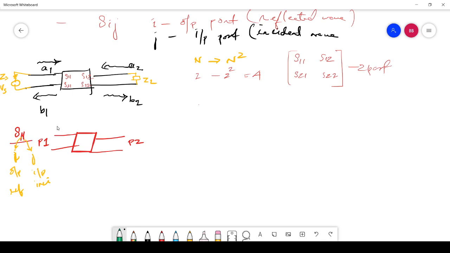So I'll have an incident wave at A1 and a reflected wave at B1. S11 I can write as B1 by A1, output by input. So S11 refers to the signal reflected at port 1 from the signal incident at port 1.